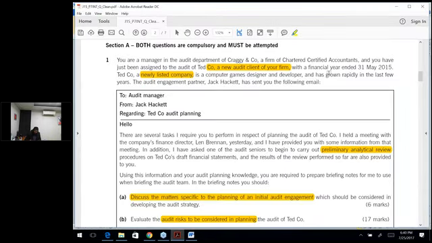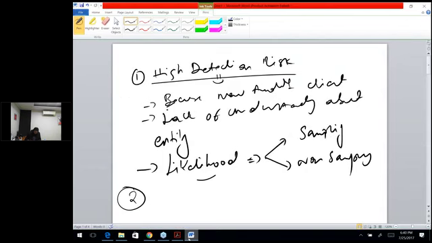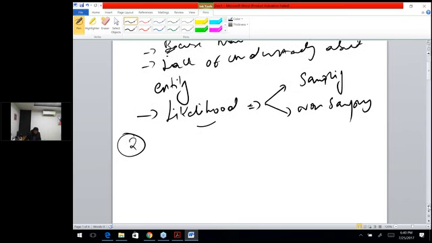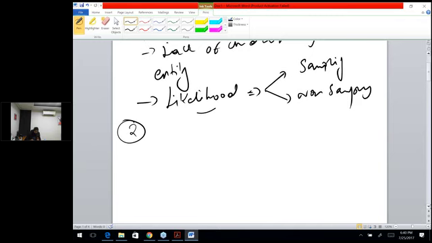The second one is with a financial year ended 31st May 2015, TED company, a newly listed company, is a computer games designer and developer and has grown rapidly in the last few years. One more thing I mentioned yesterday also: whenever a company is going towards obtaining finance, the entity definitely wants to show a good picture to the finance provider.